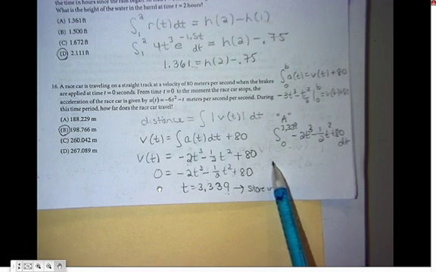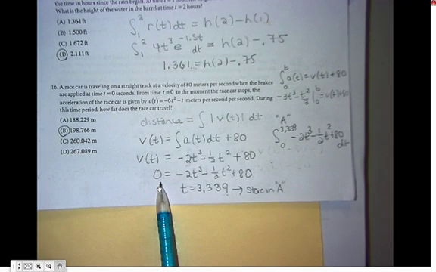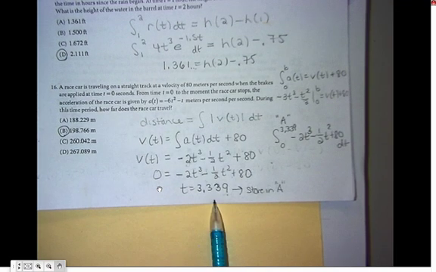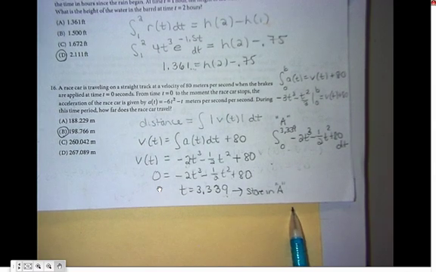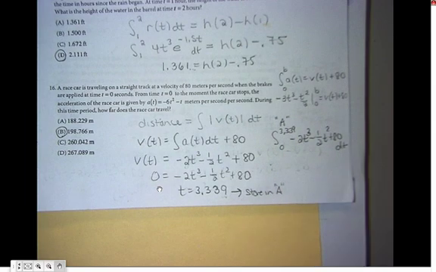Then the trick on this one was, during this time period, how far does it travel? So during the time period where this is equal to 0, I had to find that moment. It was at 3.339, which I stored in A. And then I had to integrate from 0 to A that velocity function. I thought that one was the hardest one.